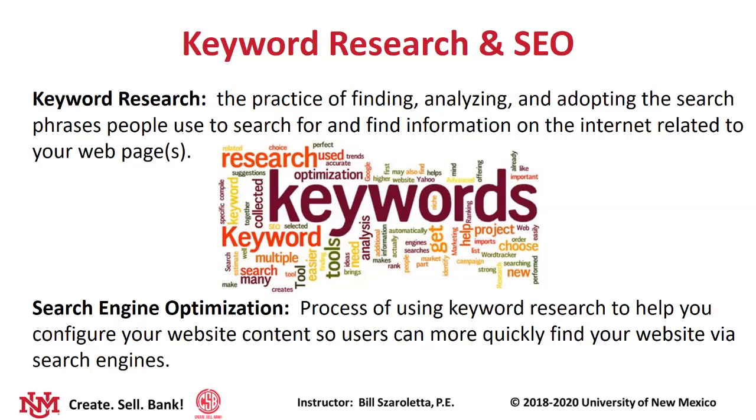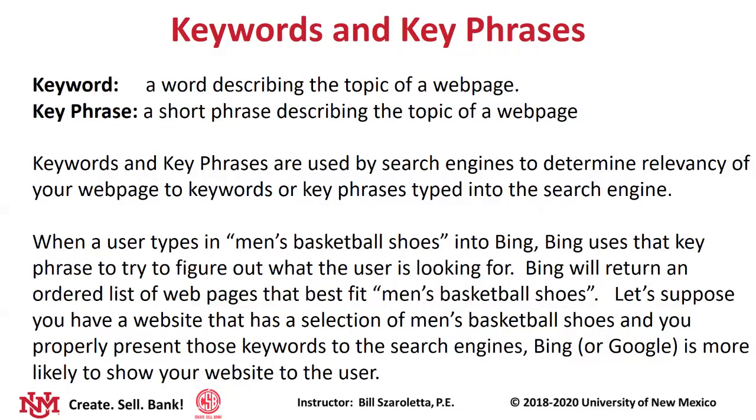And search engine optimization is just being real smart about how you do your keyword research and how you apply the output of that keyword research to help the search engines find you and to find your page more quickly.